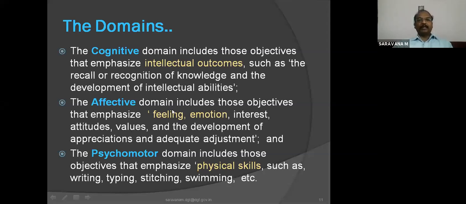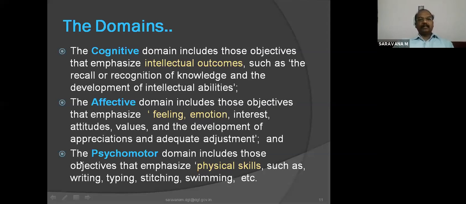So, affective domain is related to attitude. You can see the difference: these elements are not included in cognitive domain, and cognitive domain keywords are not included in the affective or psychomotor domain. So everything is classified differently.